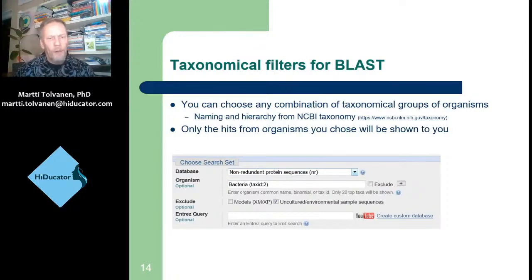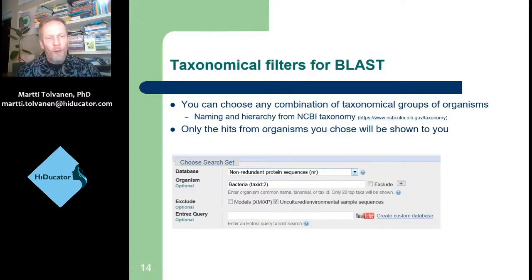Okay, now taxonomical filtering. This is something you see as one of the main choices in BLAST. Obviously, the most important thing is choosing a query sequence, and then there's the question of getting your database selected right, and also then filtering for species.